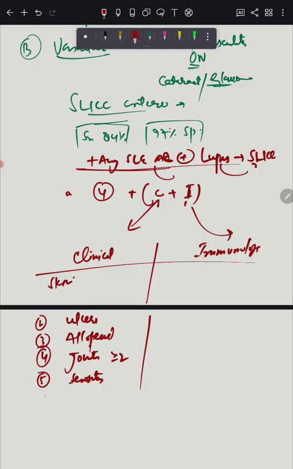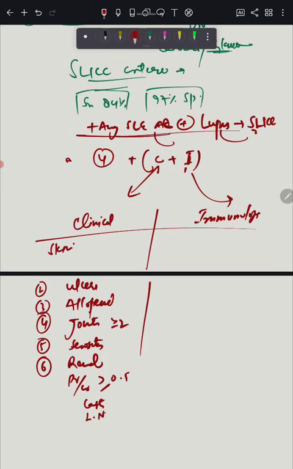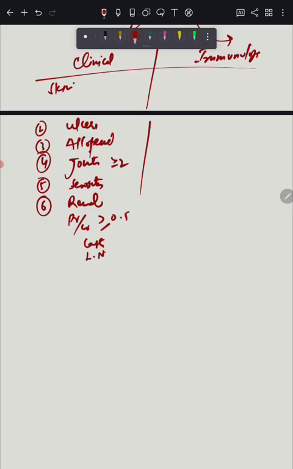Sixth can be renal manifestations, for example if protein by creatinine ratio is greater than or equal to 0.5 or RBC casts are seen, or biopsy shows lupus nephritis. Seventh, neurological manifestations, as we know, can be seizures, psychosis, even mononeuritis or myelitis or peripheral or cranial neuropathies or acute confusional state.